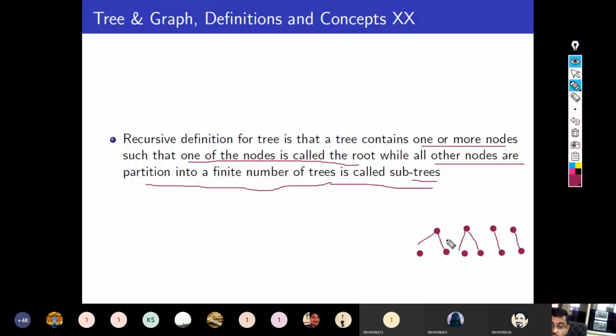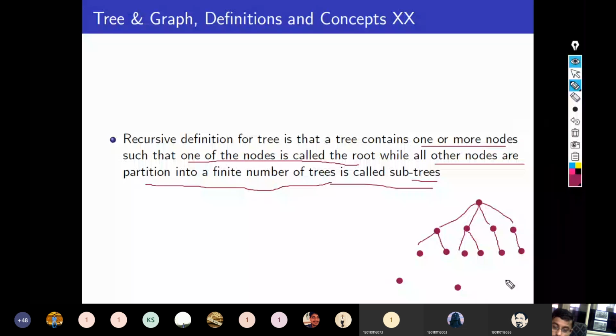So here if I want to explain this definition, let me draw the root again, and let me draw the branches. So this, this, this. Now if I give the recursive definition of this tree, let me increase the level.